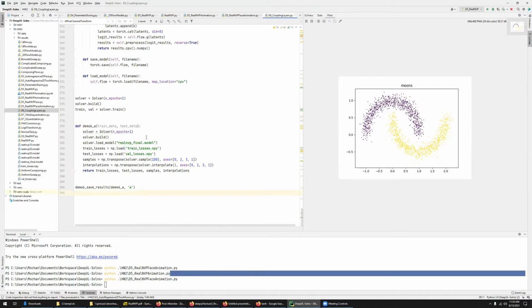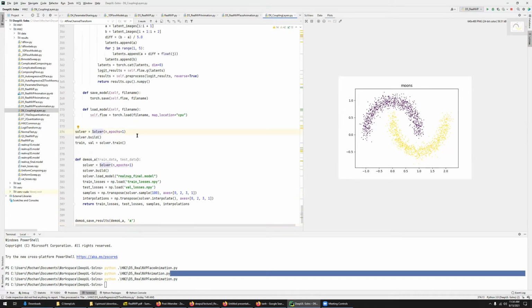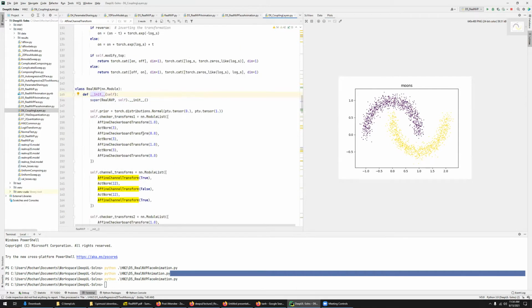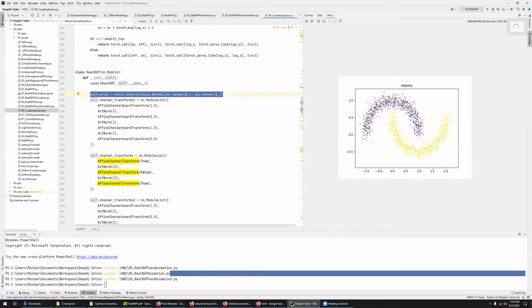It becomes more complicated, right? They have something called a RealNVP, and this is what is actually going on. So here, this is the prior distribution, and there's an affine and then some sort of normalization.